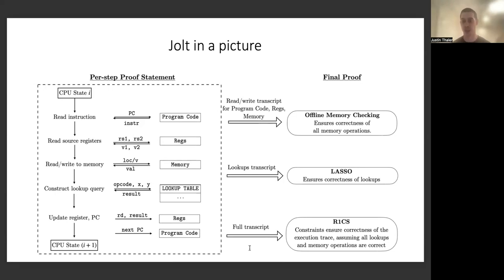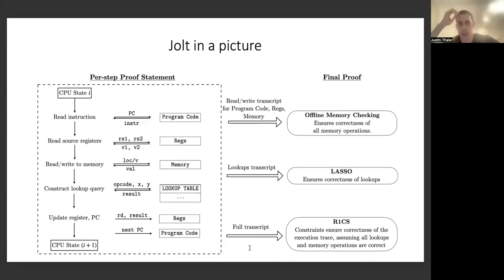So anytime the machine does a read into the CPU's random access memory, or writes something to a register or whatever, you think there would be 2 separate memories, like the 64 registers or whatever, and however big random access memory is. We need a memory checking argument to make sure the prover's returning the right value for every read, the value most recently written to that register or memory cell. Okay, and then is that argument not also implementable using lookups?